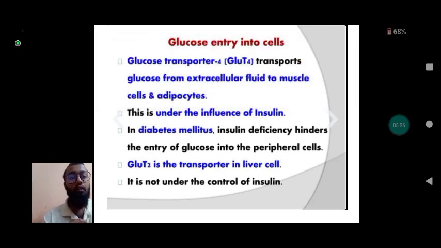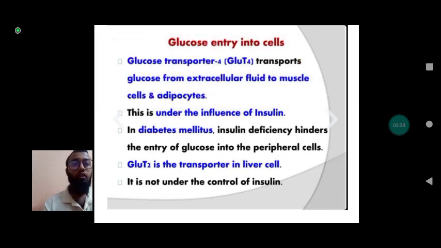So the glucose molecule requires a transporter, and GLUT4 is the transporter for glucose. This transporter transports glucose from extracellular fluid to muscle cells and adipocytes, and this is the main site of entry of glucose.